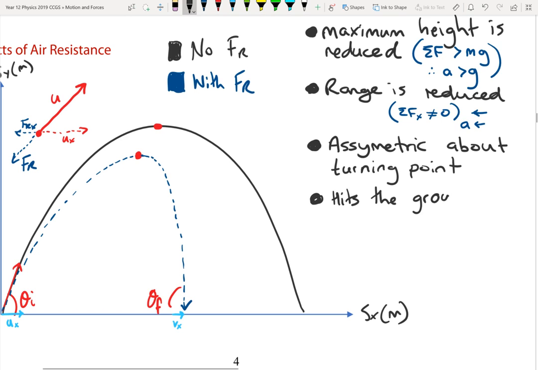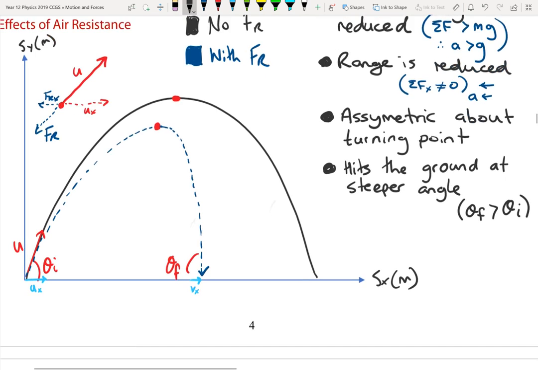It hits the ground at a steeper angle. So in my diagram, it would be theta final greater than theta initial. Okay?